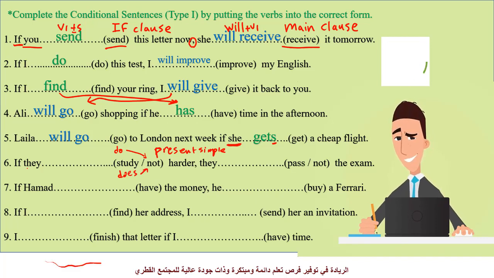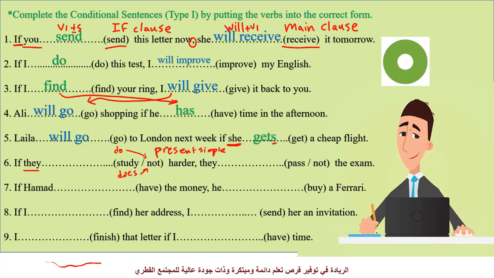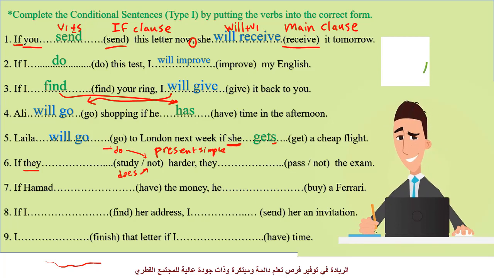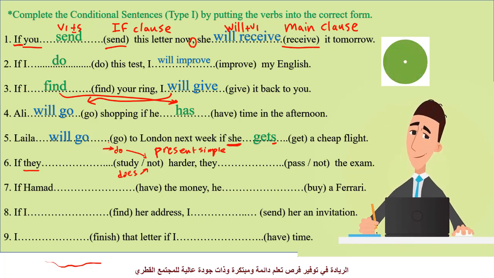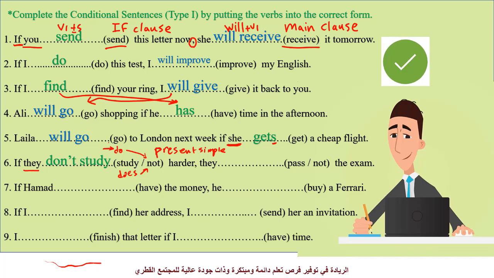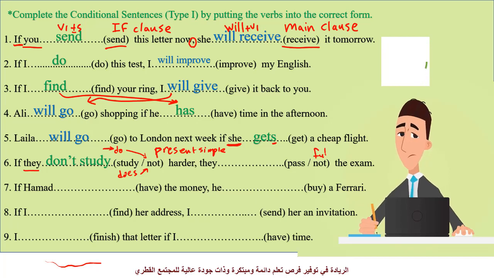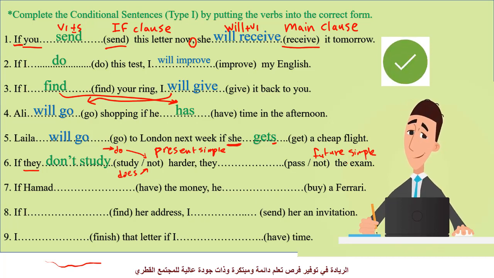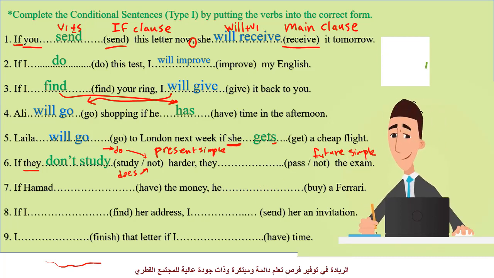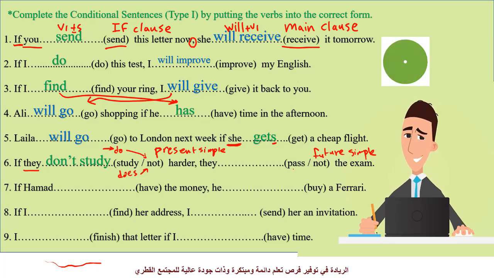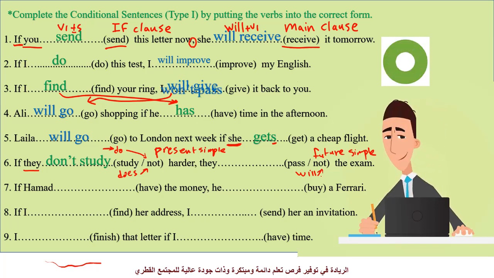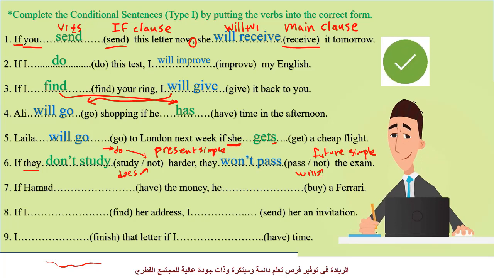It depends on the subject. Here the subject is not one of the third person singular, that's why we have to use do. So do not study. And here the future simple sentence, we have to use will. So will with not, it becomes won't with verb pass, so it will be won't pass the exam.